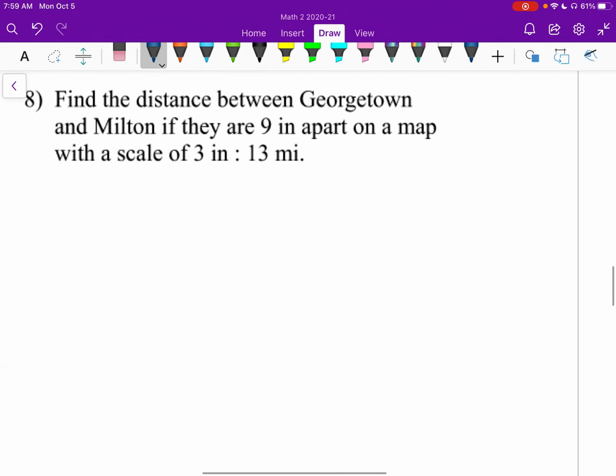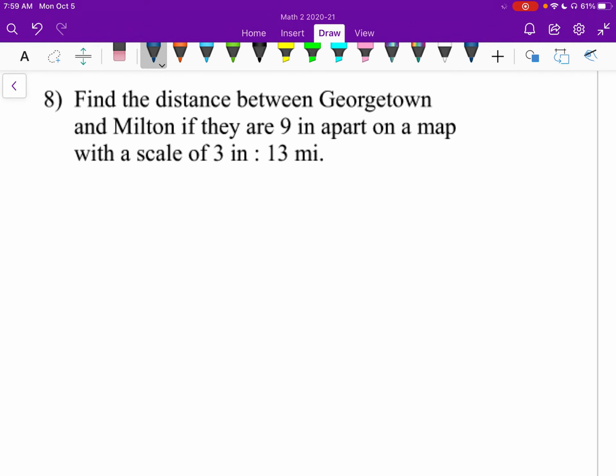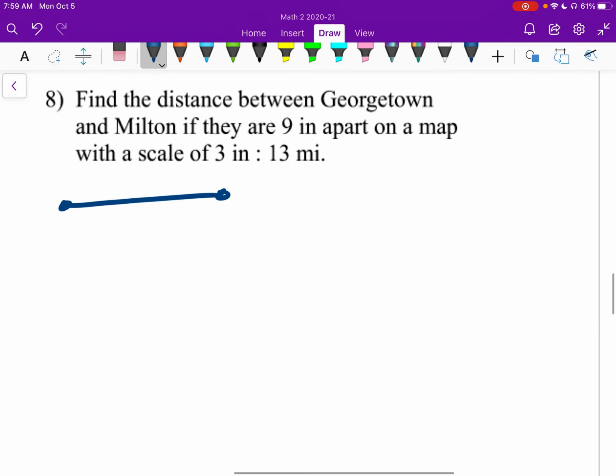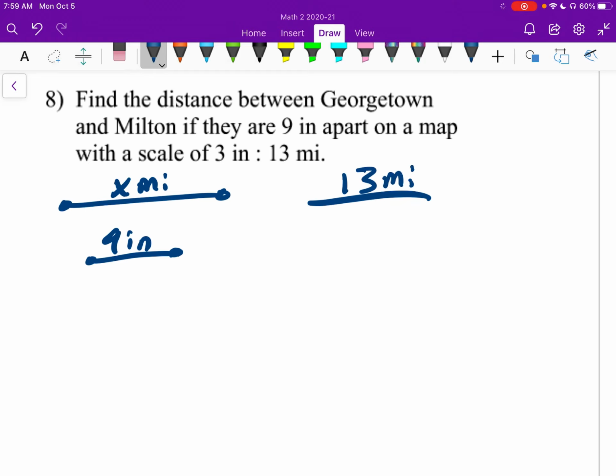Number 8, find the distance between Georgetown and Milton if they are 9 inches apart on the map. So we'll say Georgetown and Milton, they are x miles apart. And then on the map, they are 9 inches apart. So then we go and write our scale factor. We have 13 miles to 3 inches.